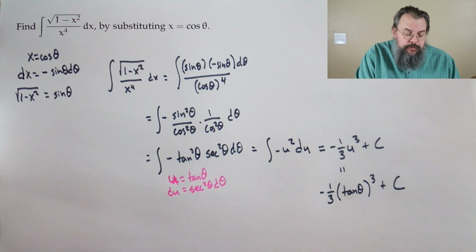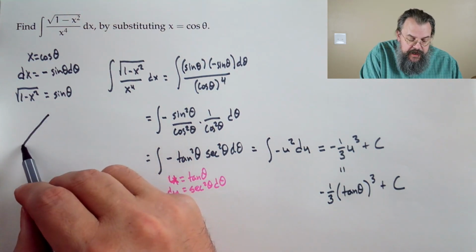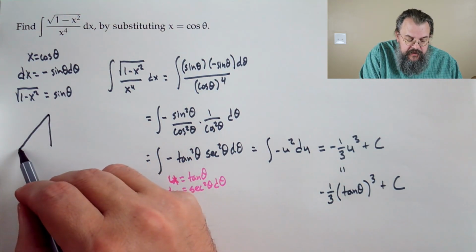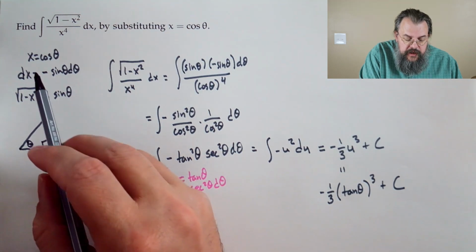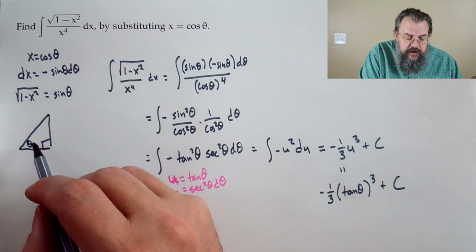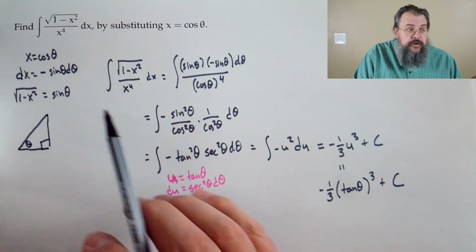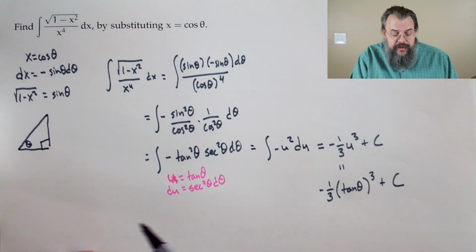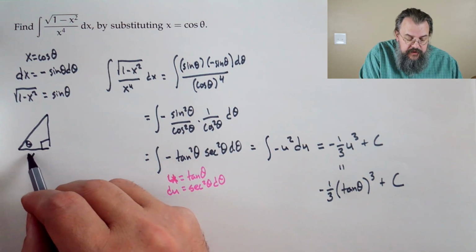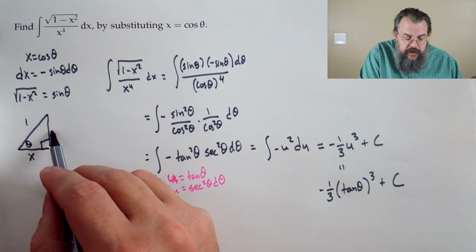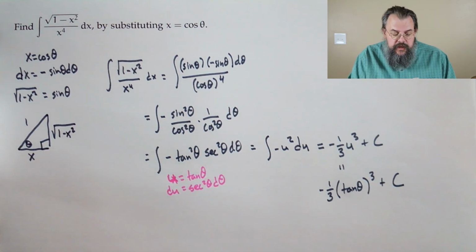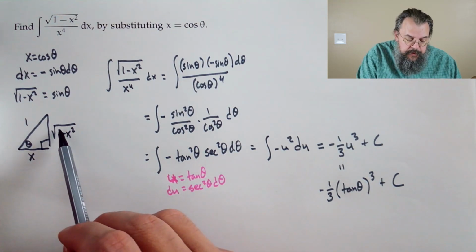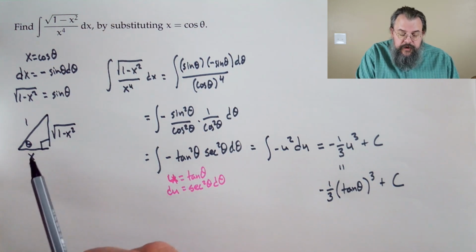And we're done. But we'll go ahead and draw the triangle just for practice. It's good to practice. So we put theta in a corner. If cosine theta is x, we think of that as x over 1. So the adjacent over hypotenuse, and the opposite side is the square root of 1 minus x squared. And so tangent, opposite over adjacent, is square root of 1 minus x squared over x.